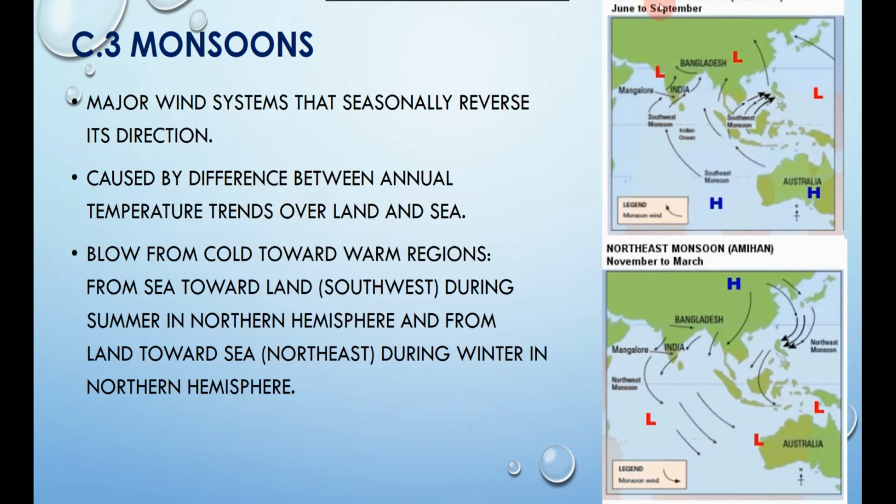Here in the Philippines, the southwest monsoon, o tinatawag nilang habagat, na na-experience natin between June to September. And yung wind nito is warm and moist, and it originates in the Indian Ocean or the Australian continent.